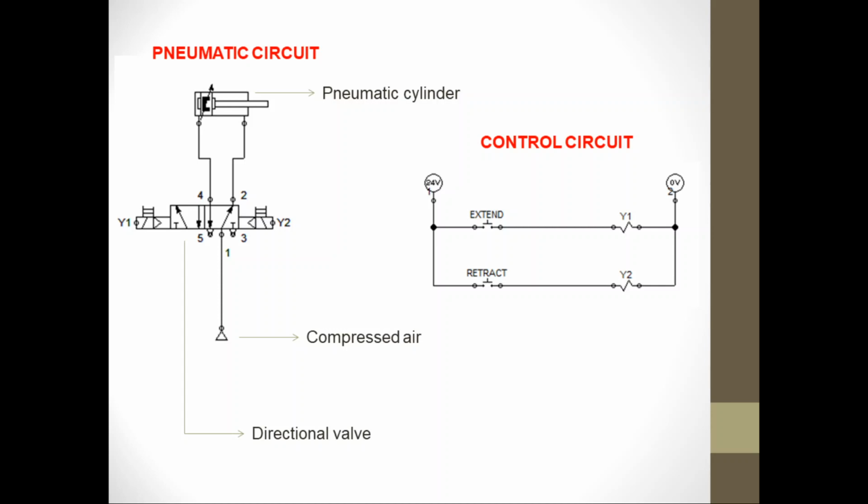You have the corresponding control circuit for that, and when you want the cylinder to extend and then retract and do the same sequence 5 times, that would be a different control circuitry.